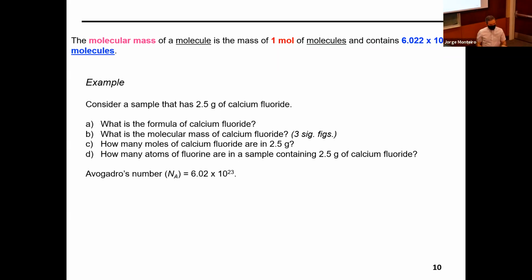Always pay attention to the formula, the coefficients for each element, and what the question is asking you. Cross multiplication will solve the problem here. 0.03 times 2, and we will end up with 0.36 times 10 to the 23rd atoms.